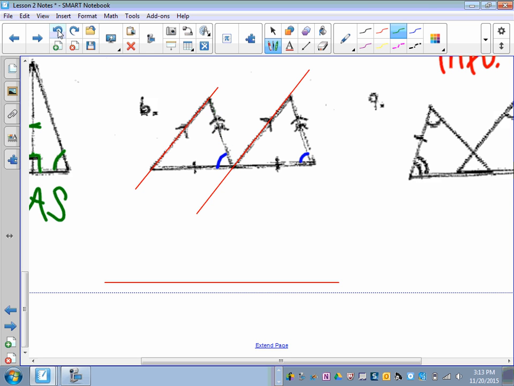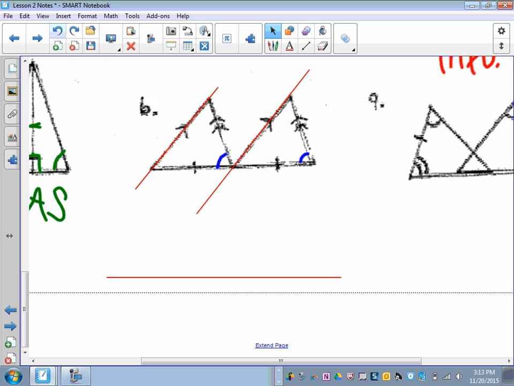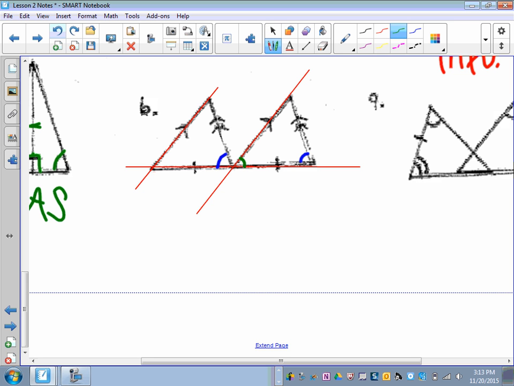So as you probably guessed, we want to use this bottom line as my transversal again. If we look here, similar to what we just did with that last one, by corresponding angles, I have that these two are congruent. Make sure when you're drawing in your notations like this that you use 1 and 2 arcs, or 1 dash and 2 dashes. Make sure you're differentiating, because I don't know that all of my angles are the same measure, just that my blue angles are the same and my green angles are the same.